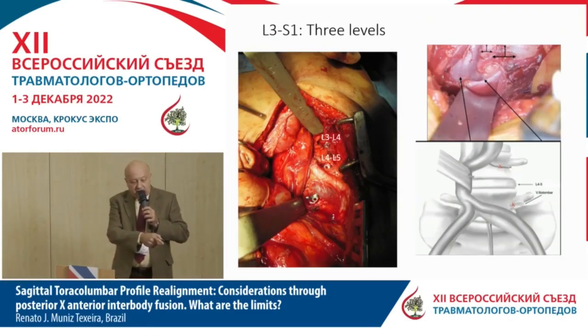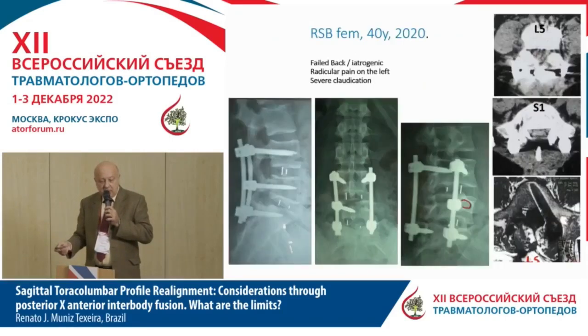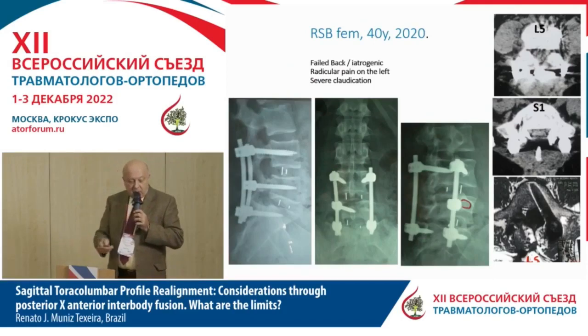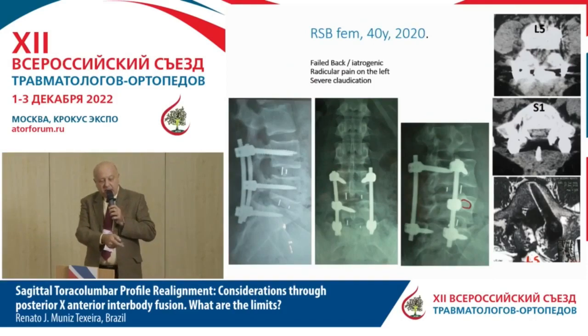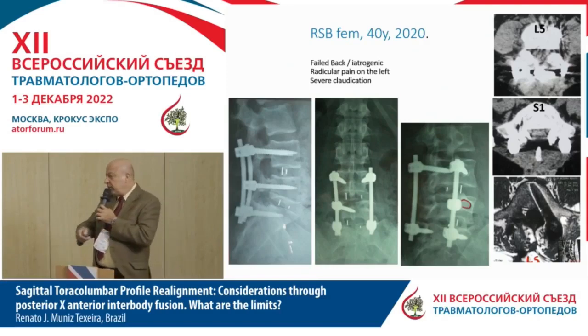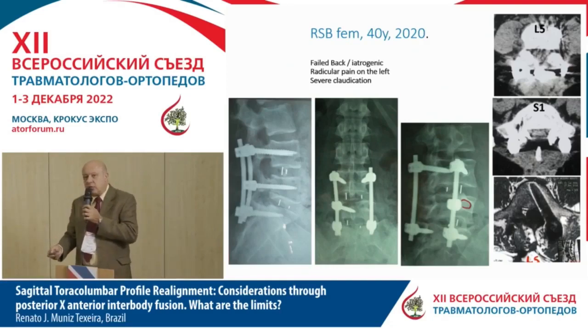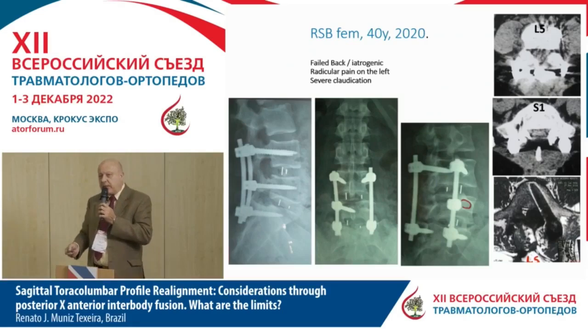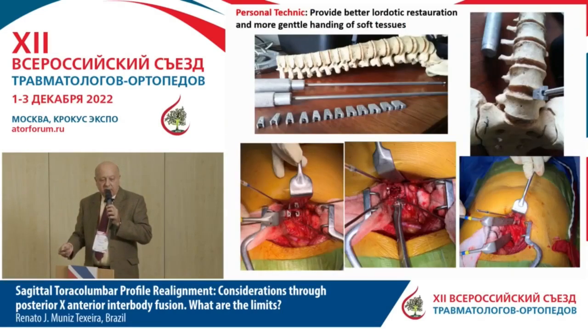In this case, you can see 3 levels of anterior approach. The bleeding is very slow, and we have in the daily practice a lot of revisions like this, people with laminectomy who underwent surgery, so it's very difficult to restore this patient by a posterior approach. So a combined approach is very useful.